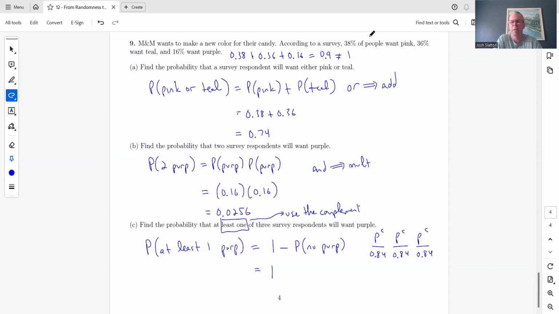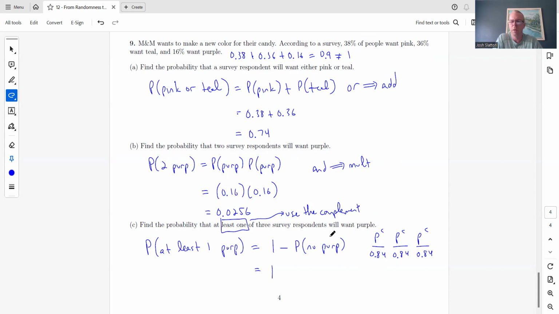These are the ones that don't want. So 38 plus 36 is 74. But the complement is actually 0.84 because we're missing 10%. So whenever you do complement, do 1 minus the event. So don't try to add up all the other ones, because sometimes you'll be missing something and the complement will not be what it should be.